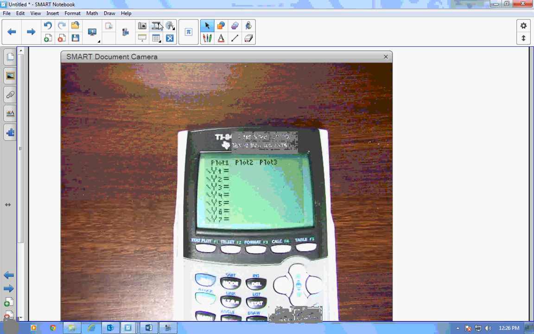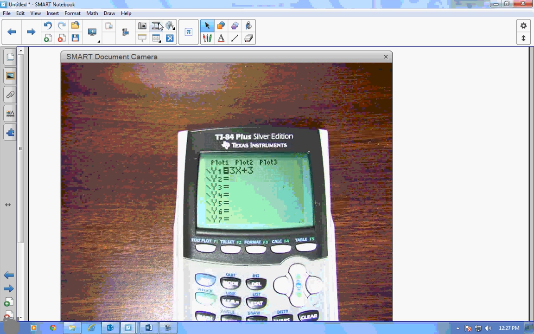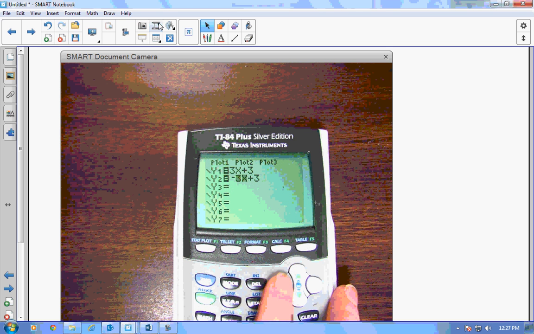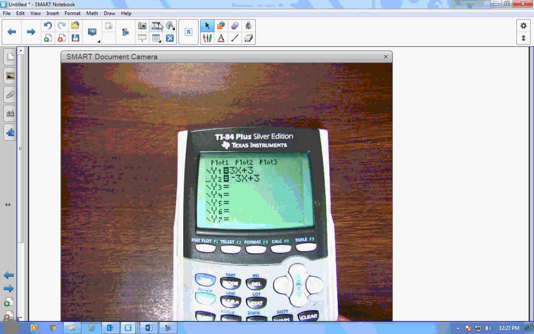Okay, let's put in the original function. Wasn't the original 3x plus 3? Okay. And arrow down. When we reflected around the x-axis, it changed to negative 3x plus 3. I'm going to come over here to the far left side. If you arrow over to the left and get on that line, and I hit enter, I can change it so it's a thick line.